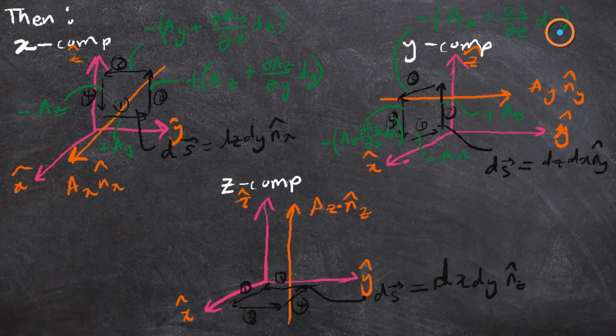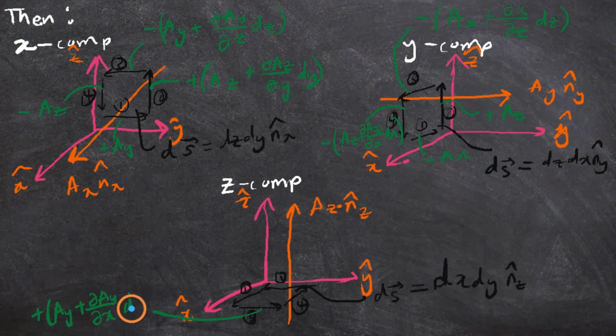Okay, so that's fine. We also proceed with looking at the z component that we have at the bottom. For the z component, the same thing is happening. For path number 3, we start defining that one, and it's going to be negative ay plus the partial derivative of ay with respect to x multiplied by the full derivative of x, or dx.